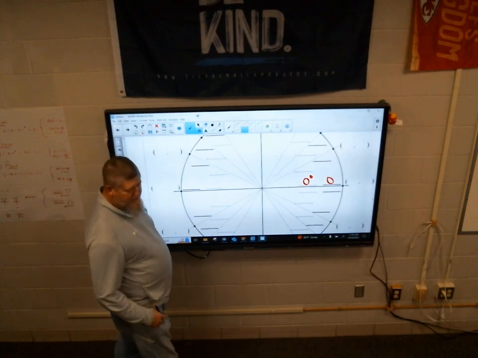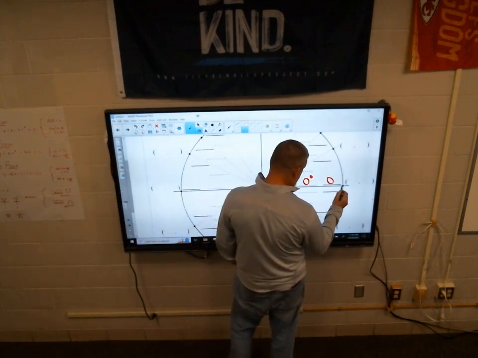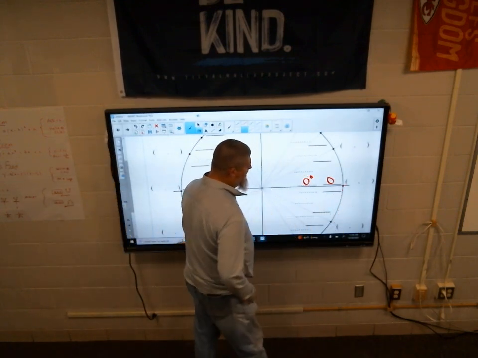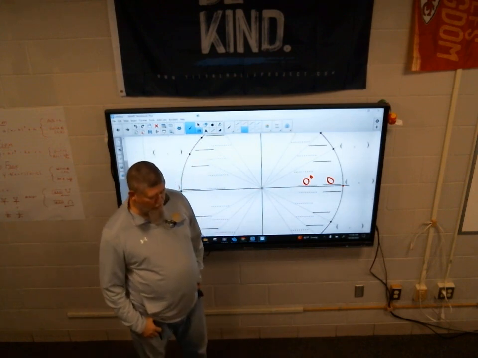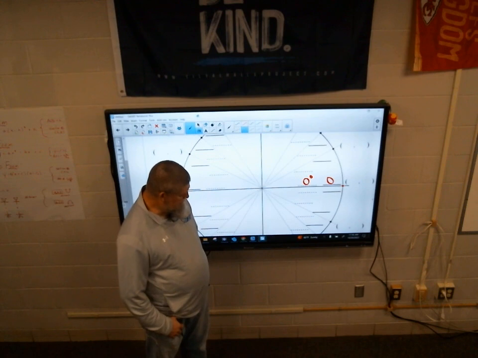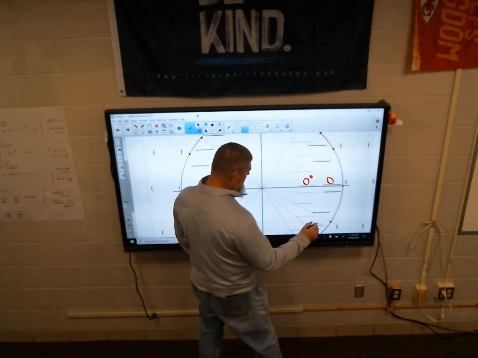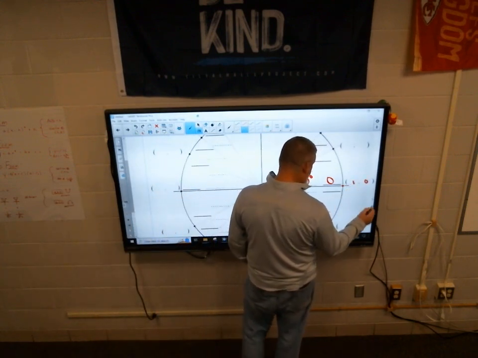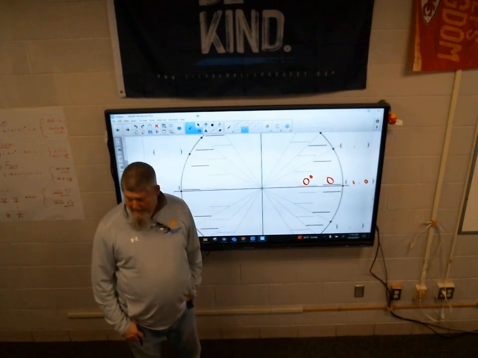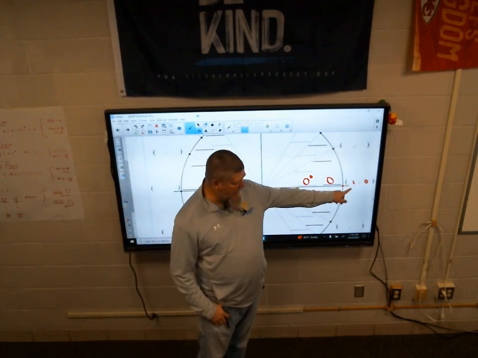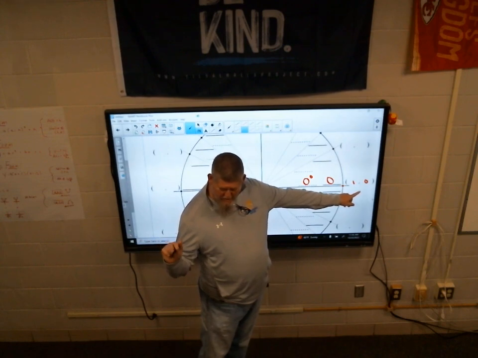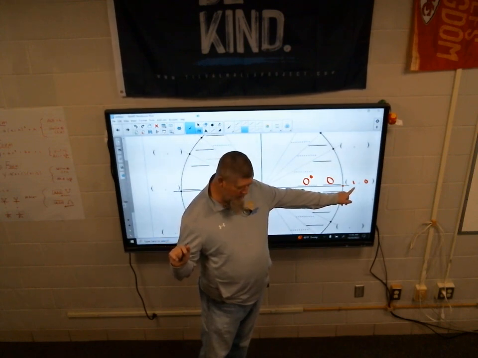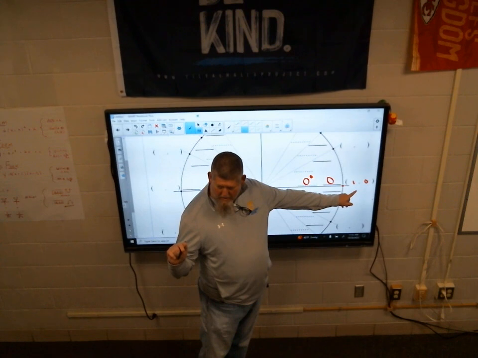Now, what is this ordered pair right here? 1, 0. If you want to check me, remember, what was the x value? The x value is the cosine.